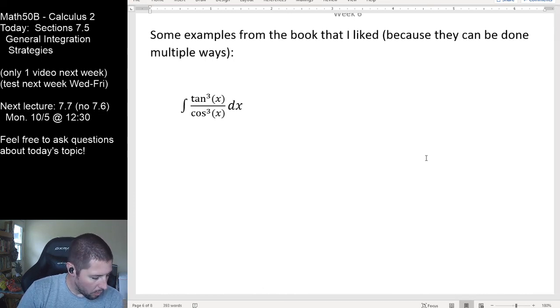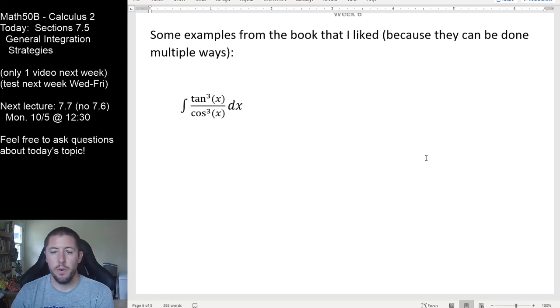So what do we want to do here? I'm going to do this one, as promised, two different ways. When I'm looking at this integral, I'm going to allow all of my opinions to flow out onto paper. I don't want to discard anything. My first thought when I see tangents with cosines is, who wrote it that way?